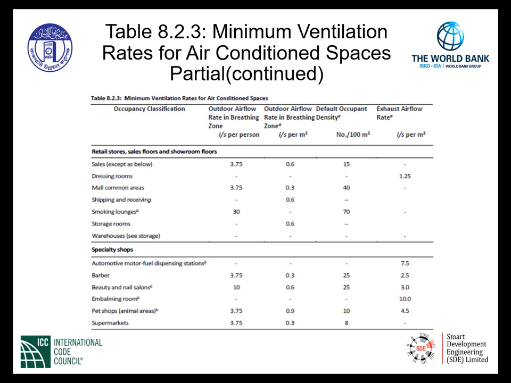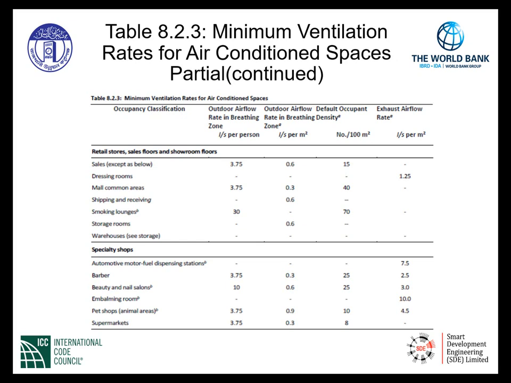The sales area, for example, needs to be provided with an outdoor airflow rate for people in 3.75 liters per second per person, as well as the area at 0.6 liters per second per square meter.